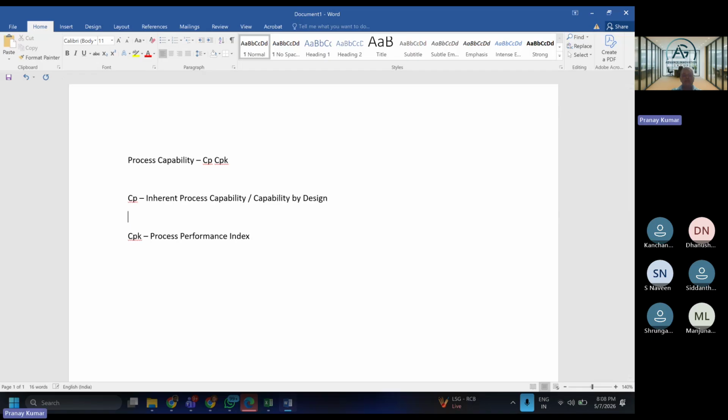CP, if I use the formula, is equal to USL minus LSL upon 6 standard deviation. USL minus LSL is nothing but the customer tolerance, the allowable limit that the customer has given us, upon 6 standard deviation, which is nothing but the normal distribution.